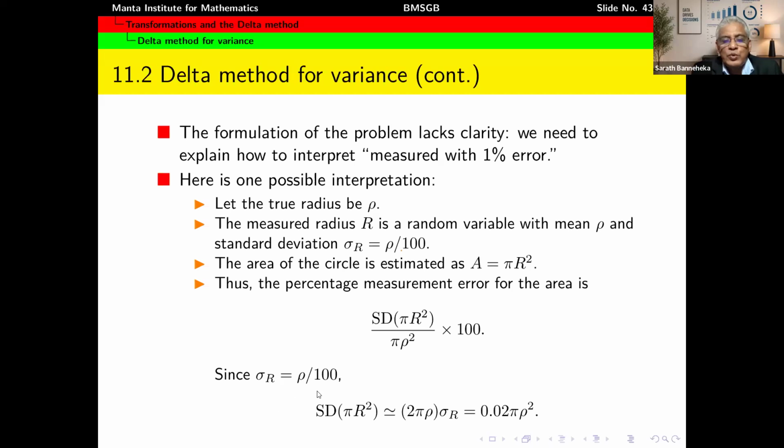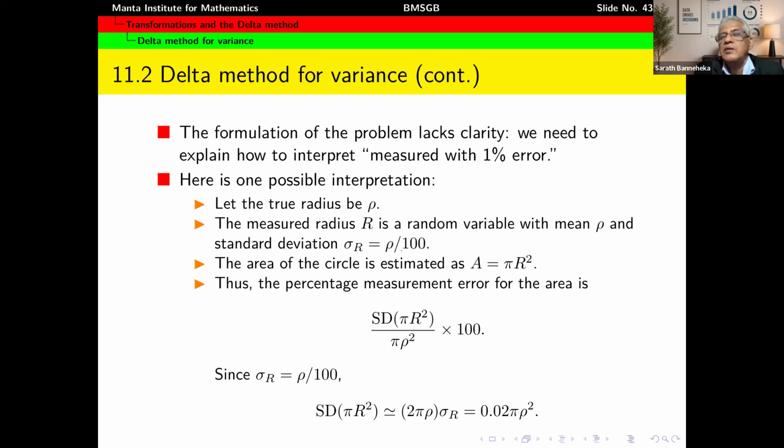So according to that result that we just derived, the standard deviation of pi r square will be approximately equal to the derivative of this function with respect to r times the sigma. The function is pi r square. So that is g of r in this case. So you have to calculate it at mu, right?